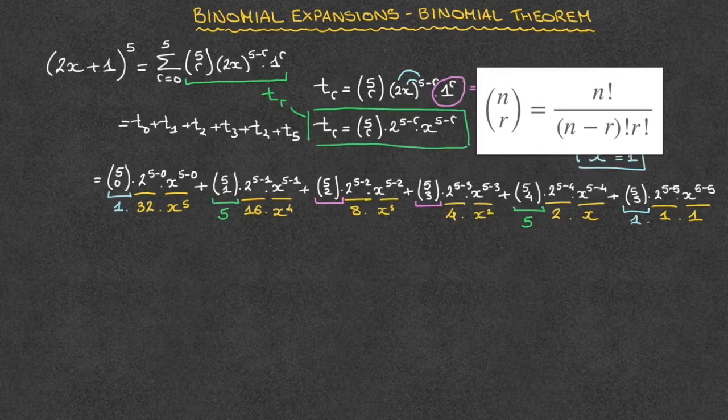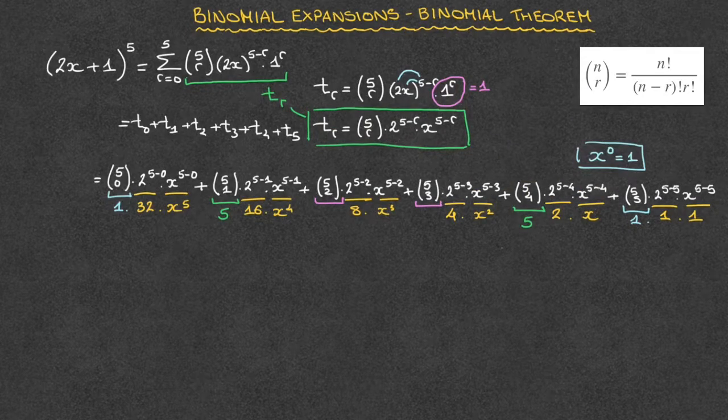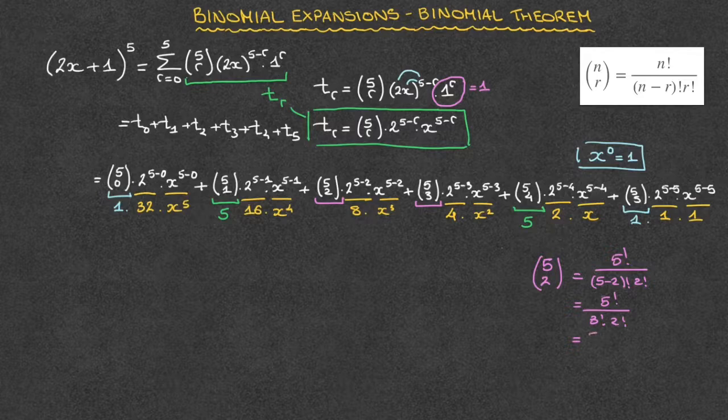And we do so using the binomial coefficient formula. So let's go ahead. I'll do that in the right-hand corner here and state that the binomial coefficient 5, 2 equals factorial 5 over factorial 5 minus 2 times factorial 2. That's equal to factorial 5 over factorial 3 times factorial 2, and that's equal to 5 times 4 times factorial 3 over factorial 3 times factorial 2.